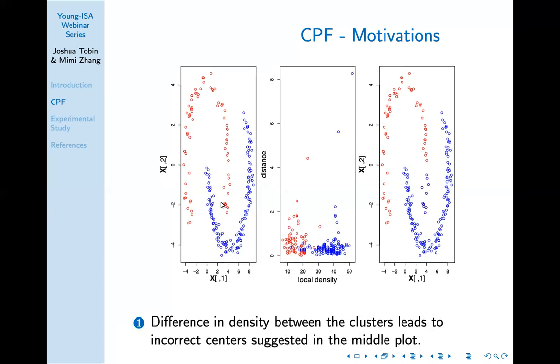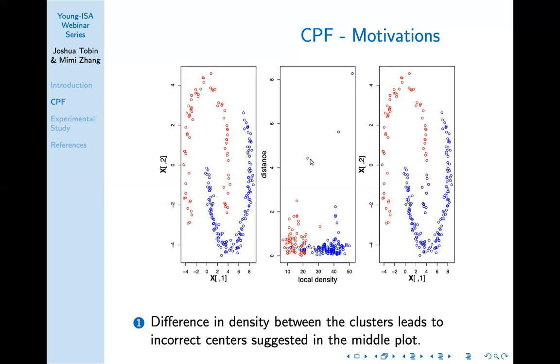If we think about the decision graph that DPC would produce for something like this, what we see is that we won't actually select the correct centers. The first 2 most extreme points which are proposed are both belonging to the blue cluster, and the red center, which is down here, as the red cluster is sparser, we don't have as high a density value, and we wouldn't maybe select this point as a center.